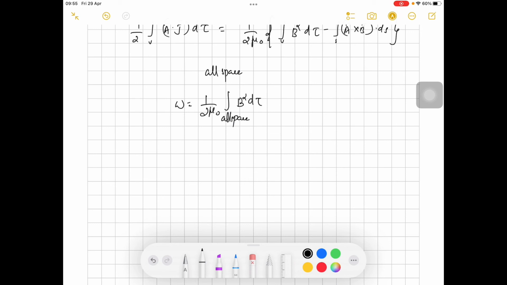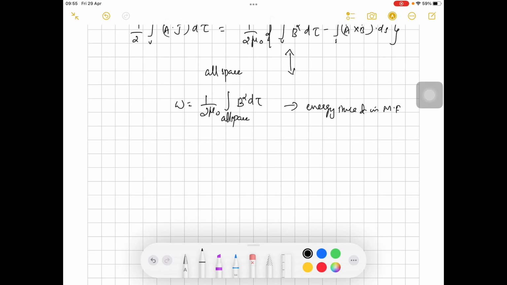Then what is the work done per unit volume? Work done is nothing but the energy stored in the magnetic field. The expression of energy stored in the magnetic field is given by W is equal to 1 by 2 mu 0 B square d tau, for all space.